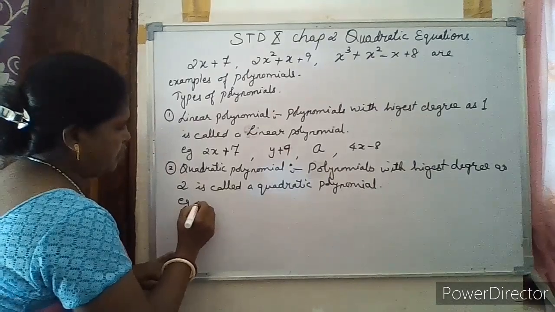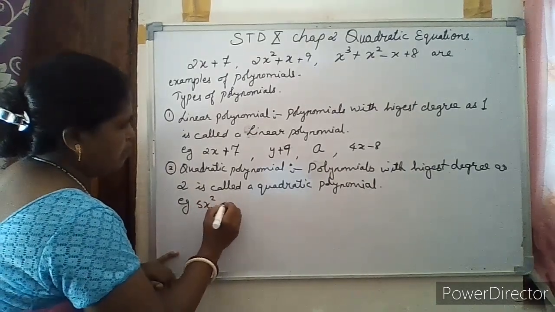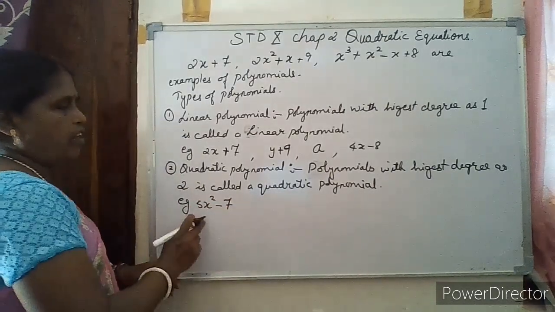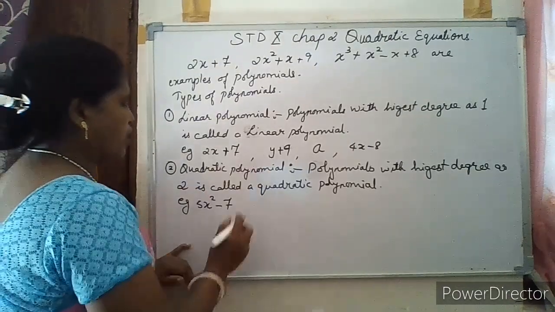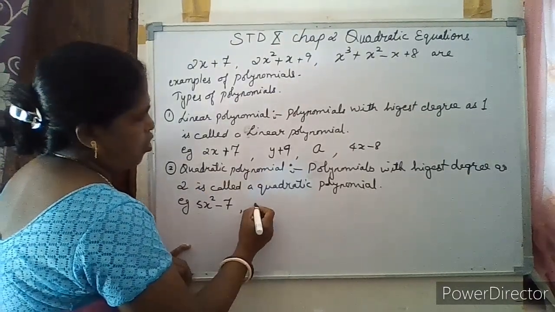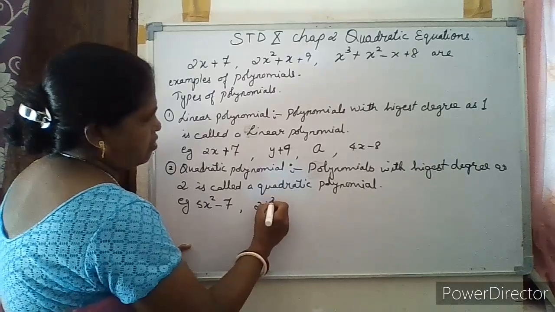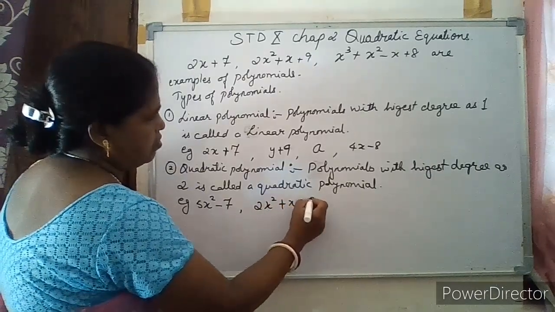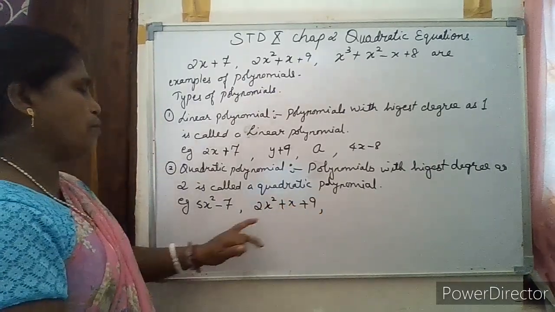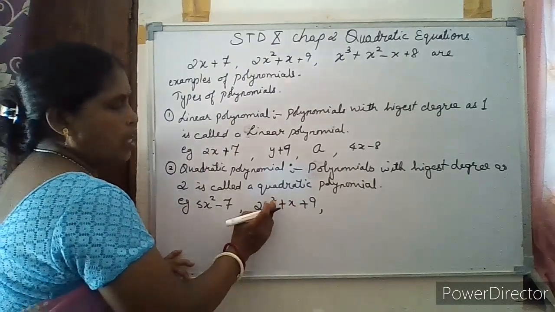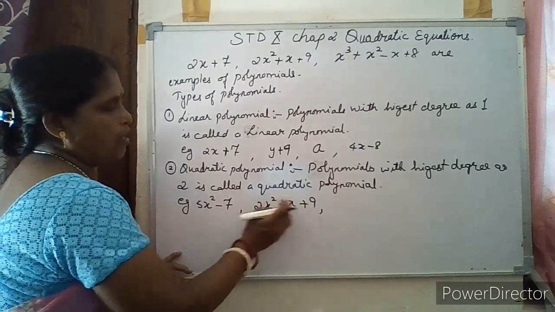Example, 5x squared minus 7. This is an example of quadratic polynomial. Or 2x squared plus x plus 9. This is an example of a quadratic polynomial because the highest degree of this polynomial is 2.